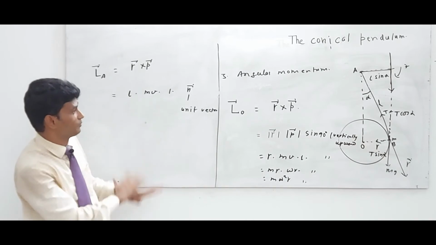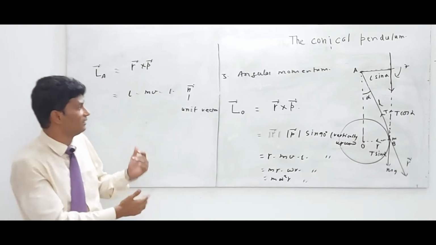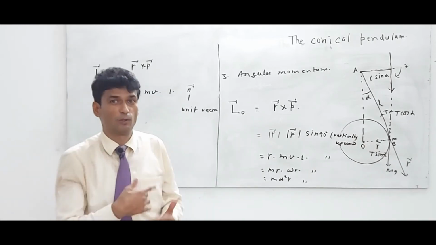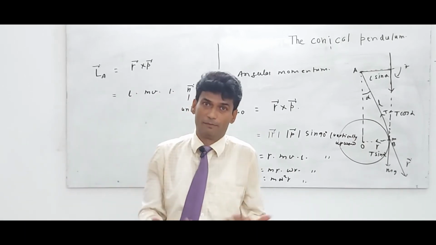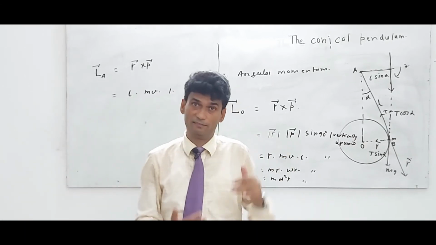So we will see what the consequences of that are, because we will see that torque equal to I alpha is not applicable all the time. How and why, I am going to discuss.